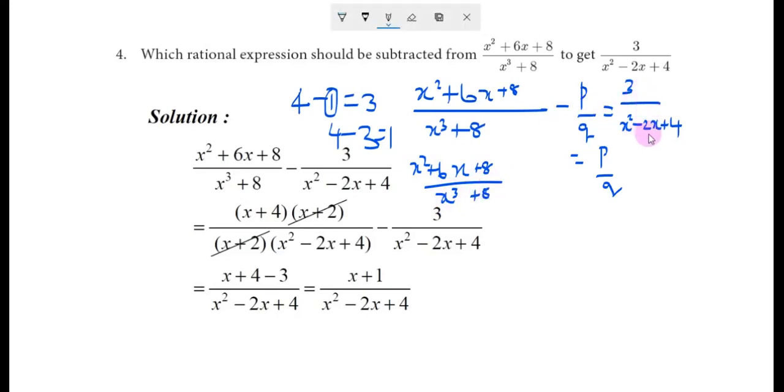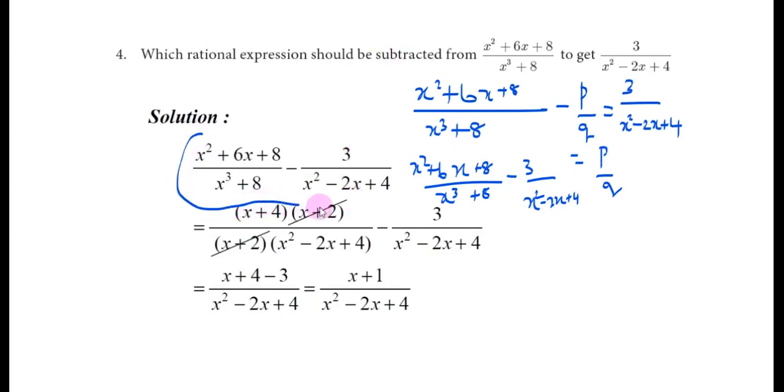Move this 3 by (x square minus 2x plus 4) to the left side, so this will be minus 3 by (x square minus 2x plus 4). So that we get this expression. Understood? If you need to find p by q, you should subtract 3 by (x square minus 2x plus 4) from this expression. Understood?